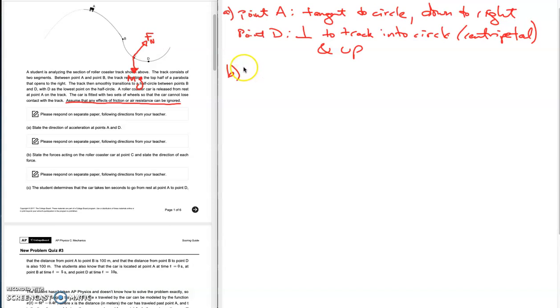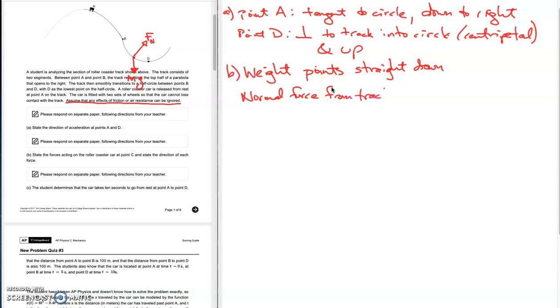So we're going to say weight points straight down, and normal force from track is perpendicular to the track. That is what normal means, but you need to spell it out for these people. Pointing up and to the right.